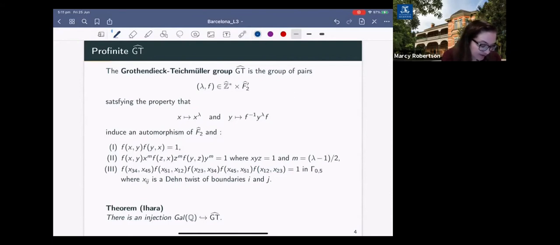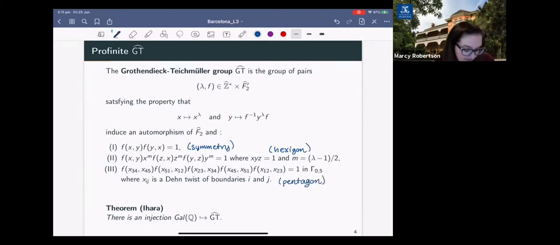And then we're going to impose three relations. The first one is a type of symmetry. The second one is a hexagon. And the third one, which may look a little bit unfamiliar to you, the way I've written it, is a pentagon equation.